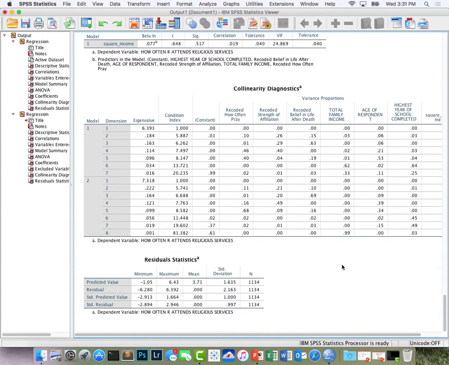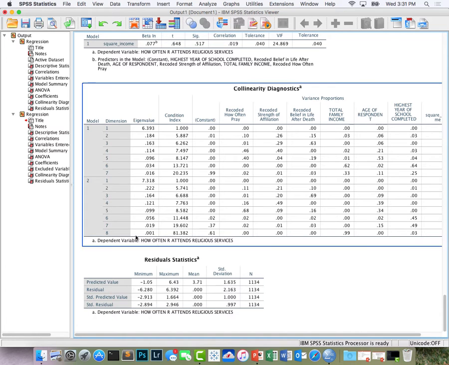And they indicate that a best practice would be to center the independent variable, and then create the nonlinear term out of that centered variable.